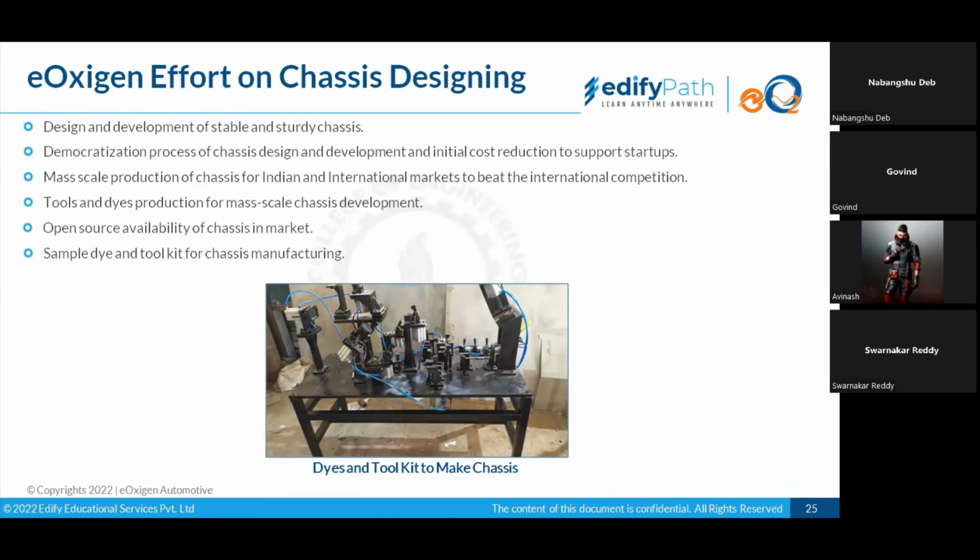So in design and development, we are trying to develop a stable and sturdy chassis. We have given you analysis that was very much real time, and our practical experience from the last 3-4 years that we have been working in this field. We have analyzed the practical data. We were one of the companies into on-site servicing of electrical two-wheelers and three-wheelers.